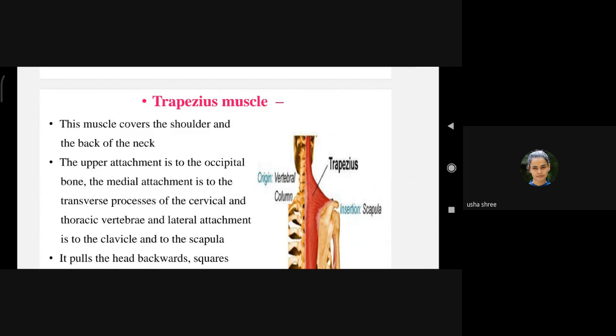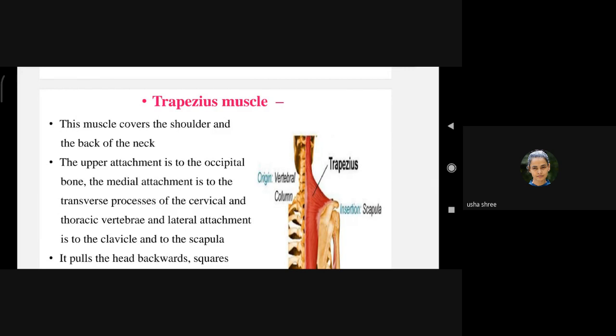If you go to the details, you can see from which part of these vertebrae, from the transverse process. We have already studied what the transverse process and spinal process are during the skeletal system, where we studied in detail the structure of a single vertebra.